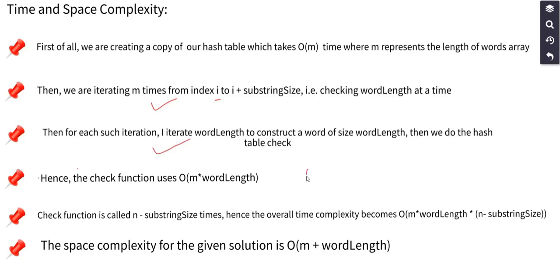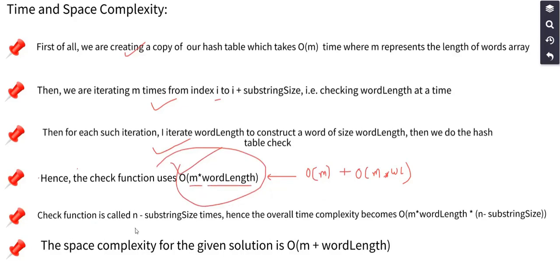Although time complexity big O of m is handling this case, plus big O of, that is we are iterating m times from this, and that is giving me m multiplied by word length, but the overall time complexity would be this m into word length. Then we see that this check function, which has the time complexity of m multiplied by the word length, is called n minus substring size times.